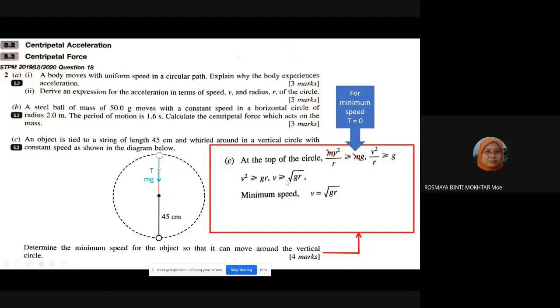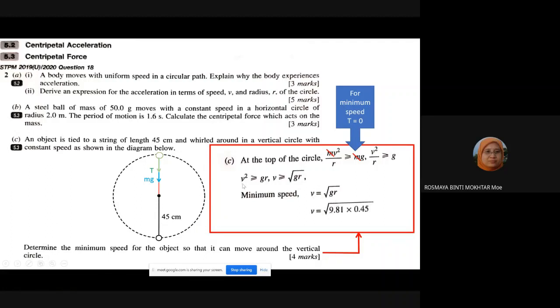For the minimum speed, we choose the equals. For the object to move in complete circular motion, the minimum speed is given by v equals the square root of gr.